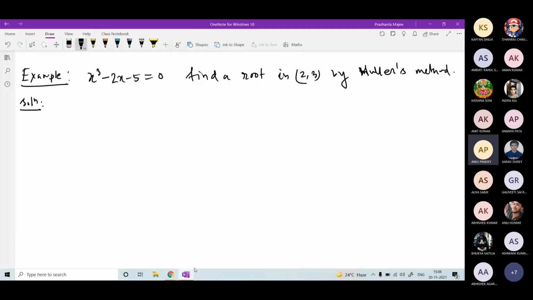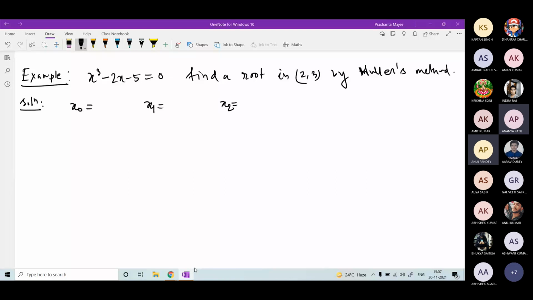Tell me, how should we choose x naught, x1, x2? Remember, there is no such rule to choose initial guesses. The only thing is that the initial guesses in any method should be very close to the exact root. How close is not mentioned anywhere. So tell me some reasonable initial guesses x0, x1 and x2.